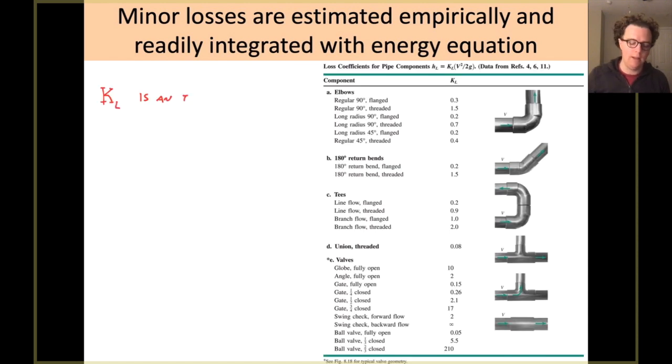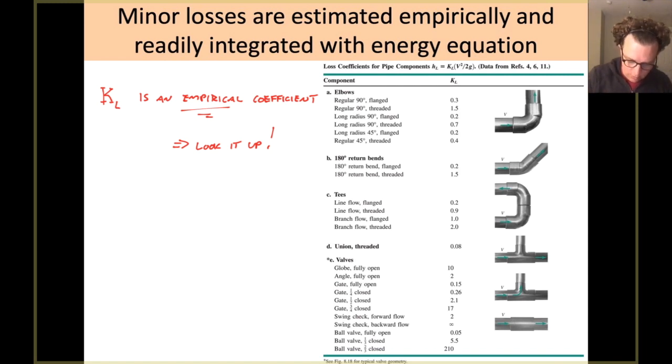Those K_Ls are empirical coefficients. I've grabbed a table out of the textbook we're using in my class. You can see, for example, depending on if it's a 90-degree or a 45-degree bend, if it's a short radius or a long radius, if it's threaded or not threaded, down in the bottom section, valves.